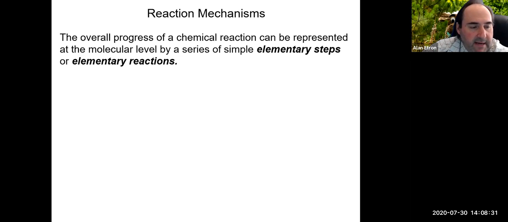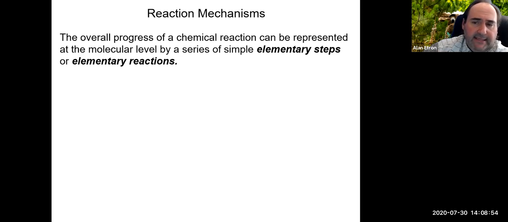Usually in a mechanism, it will incur several individual steps along the way. Those individual steps are what are referred to as elementary steps or elementary reactions. It's very similar to the idea of Hess's law, when you add up all these parts to make an overall reaction. So usually a mechanism will involve multiple steps.